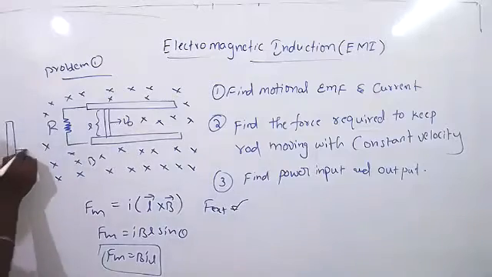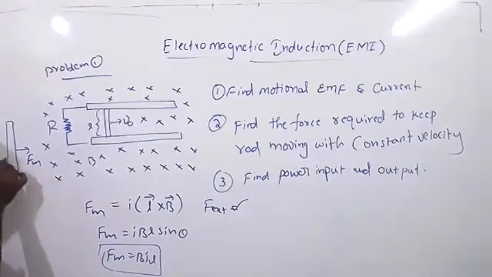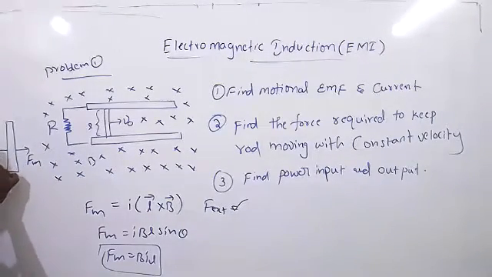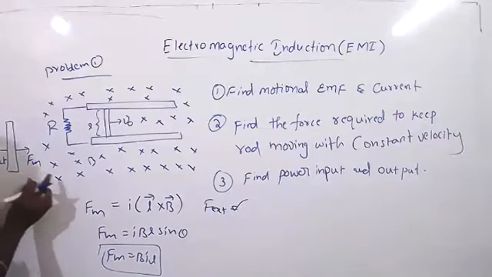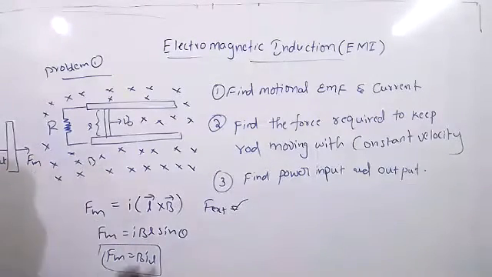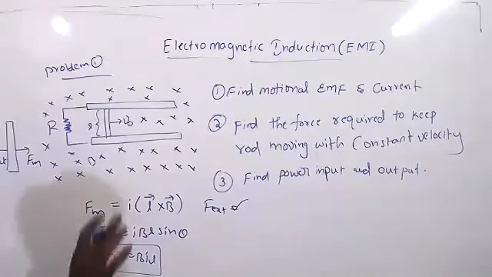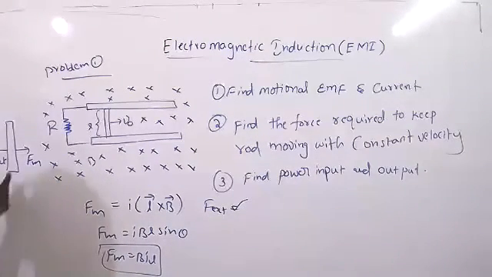If the magnetic field is applying force in this direction, we apply the external force in the other direction. If both are balanced, the body moves with constant velocity. If a net force is there, then there is acceleration, not constant velocity. That is the reason we have to cancel the forces. That is the concept actually.